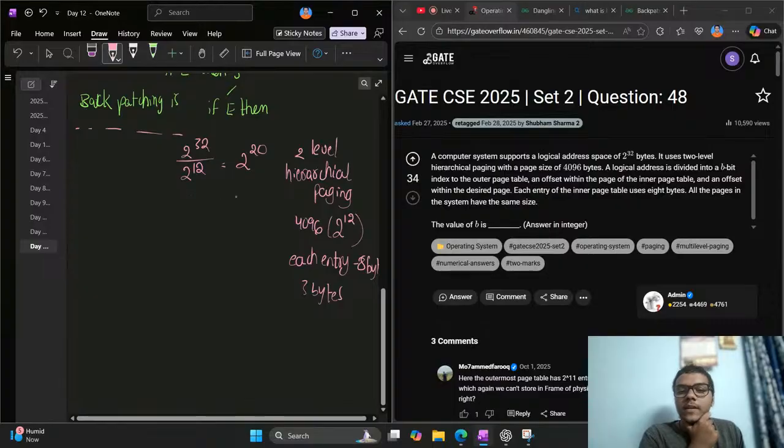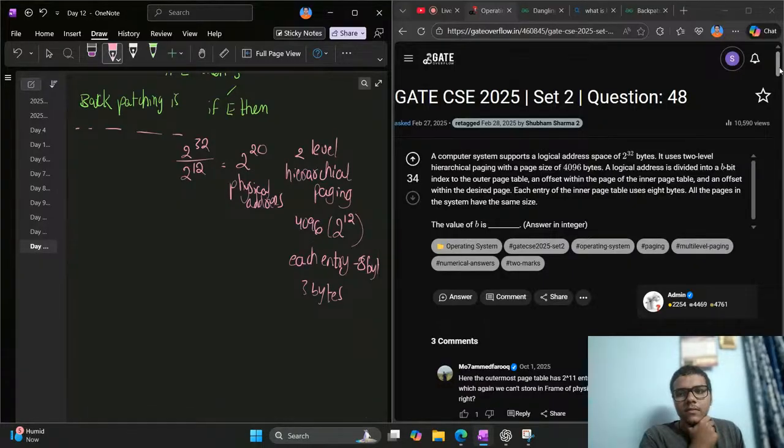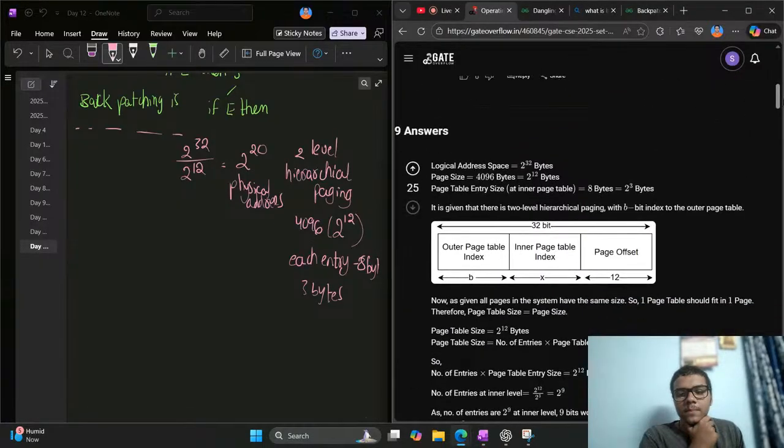So you got 20 physical addresses. Out of that, 3 takes 6. Okay, let's see. Outer page table index, inner page table index, page offset. Alright, we kind of did that correct. Page size is 2 power 12.